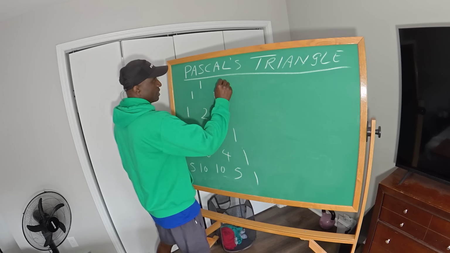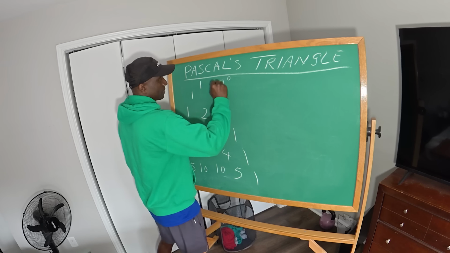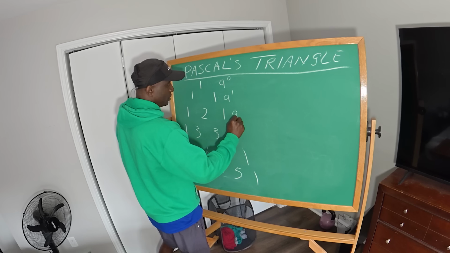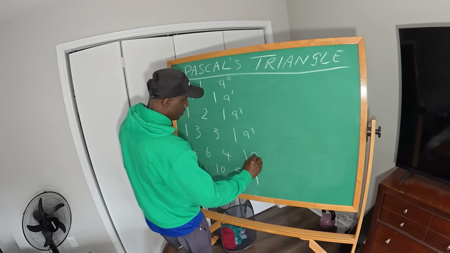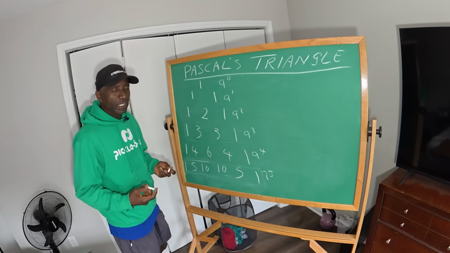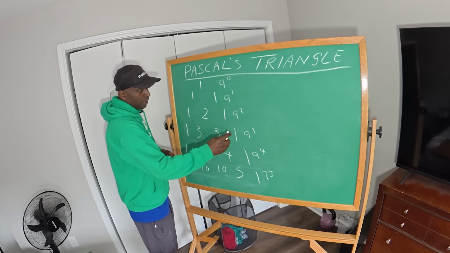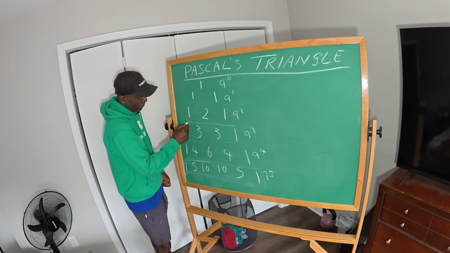So the first rule is anything a to the 0. Next one will be a to the 1, a to the 2, a to the 3, a to the 4, and a to the 5. If I'm looking at a problem with polynomial of the third power, I'll be using these coefficients.